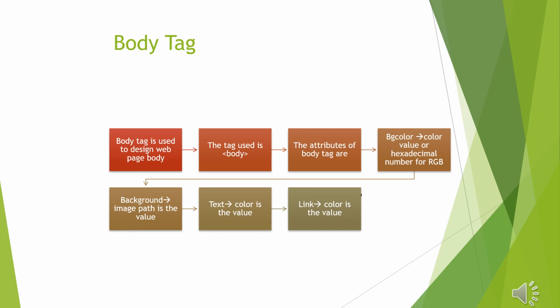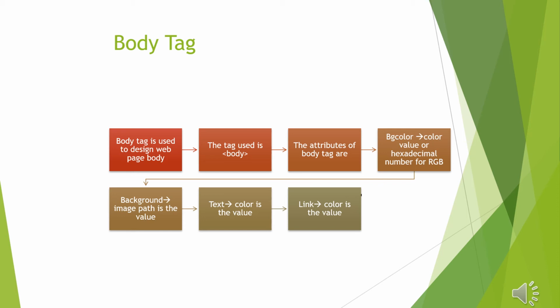Okay, and the attributes of the body tag are, first one is BGCOLOR, meaning when you want to give some different background color to the web page, then you write BGCOLOR equal to color, that is the value of the color, for example red, blue. Or else you can give the hexadecimal number for the color.